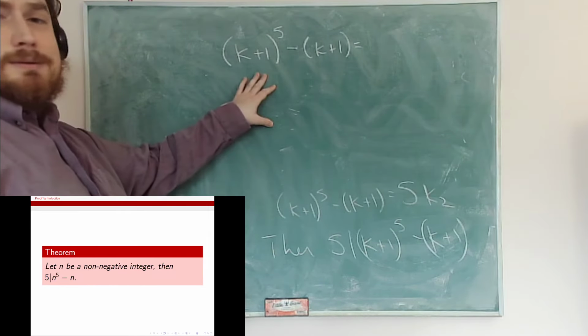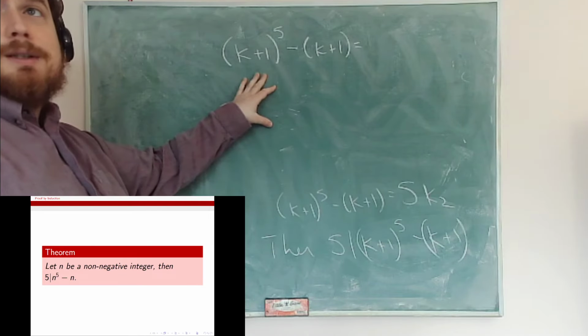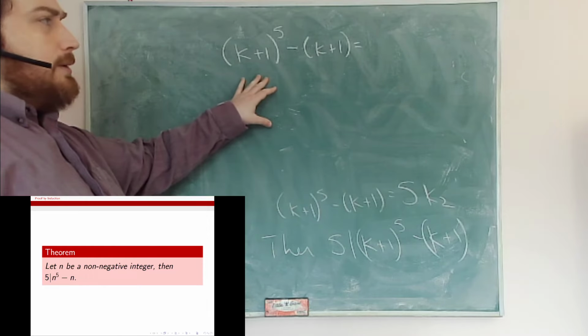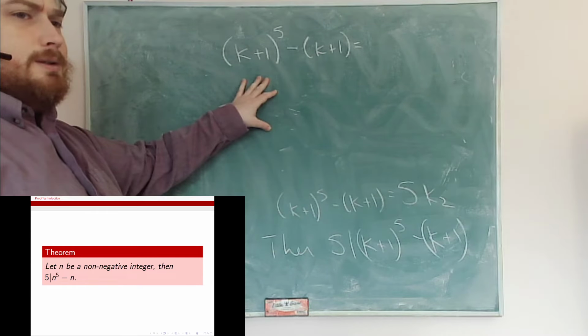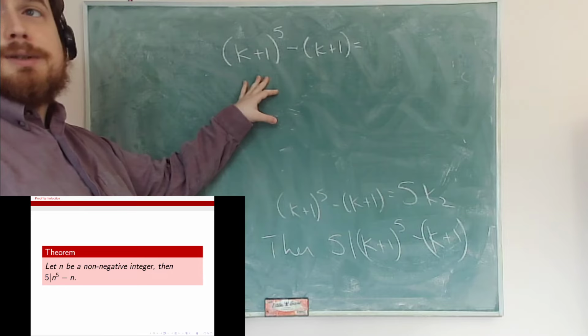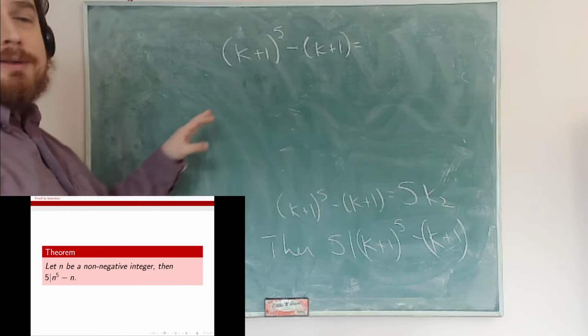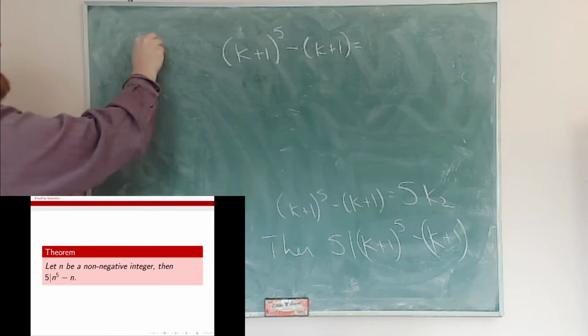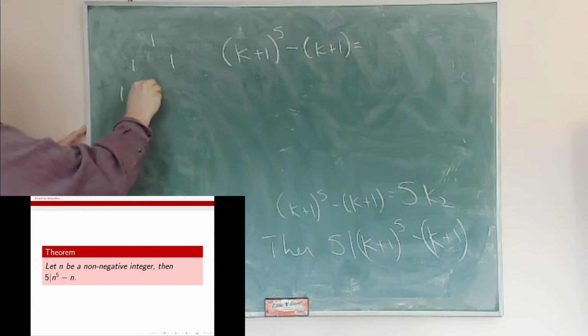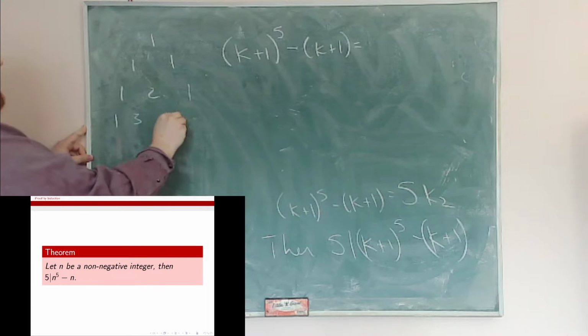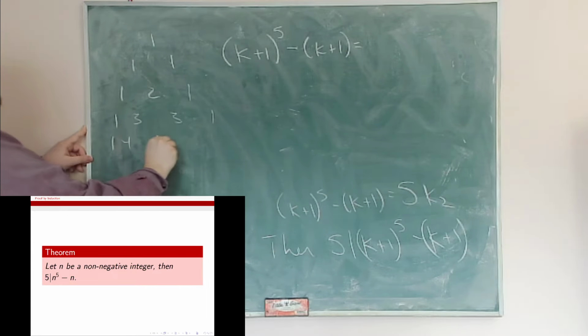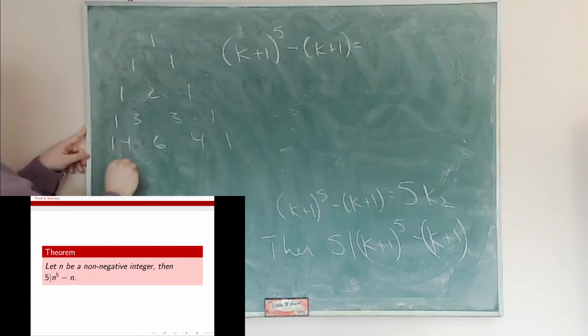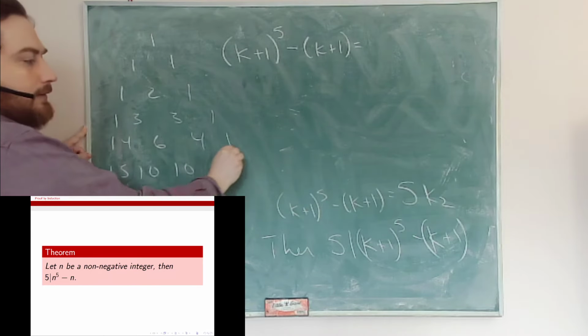Well, if I want to find this directly, that actually takes a little bit of work, but it isn't too bad because we can actually use Pascal's triangle that we learned about earlier, right? And so if I write out the rows here, I get 1, 1, 1, 2, 1, 1, 3, 3, 1, 1, 4, 6, 4, 1, 1, 5, 10, 10, 5, 1.